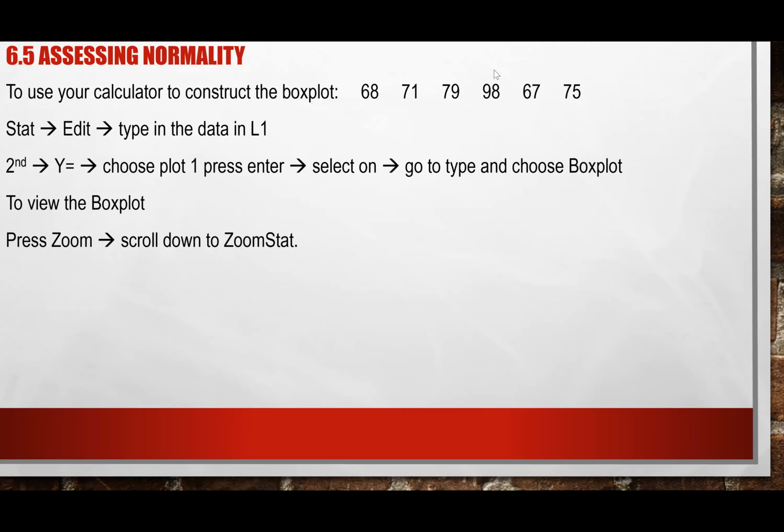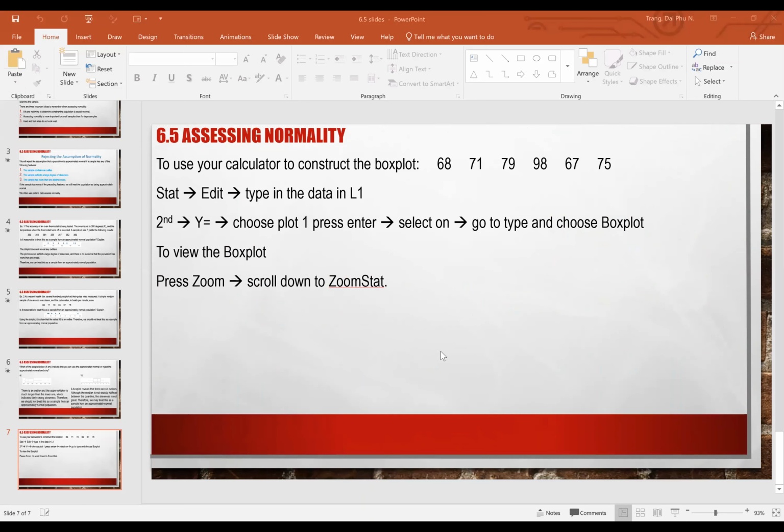If you want to construct the bar plot, what you need to do is hit stat and then edit, and then type your data in L1, which, if you remember, is what we were given.